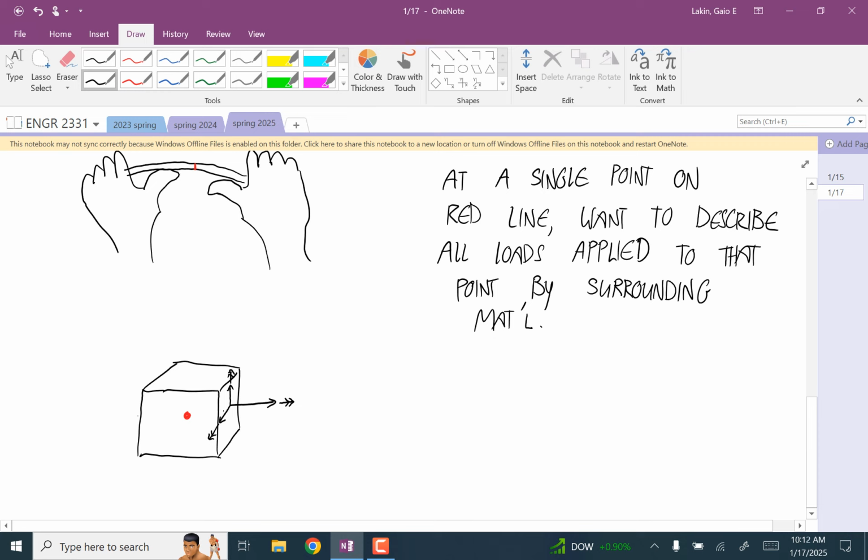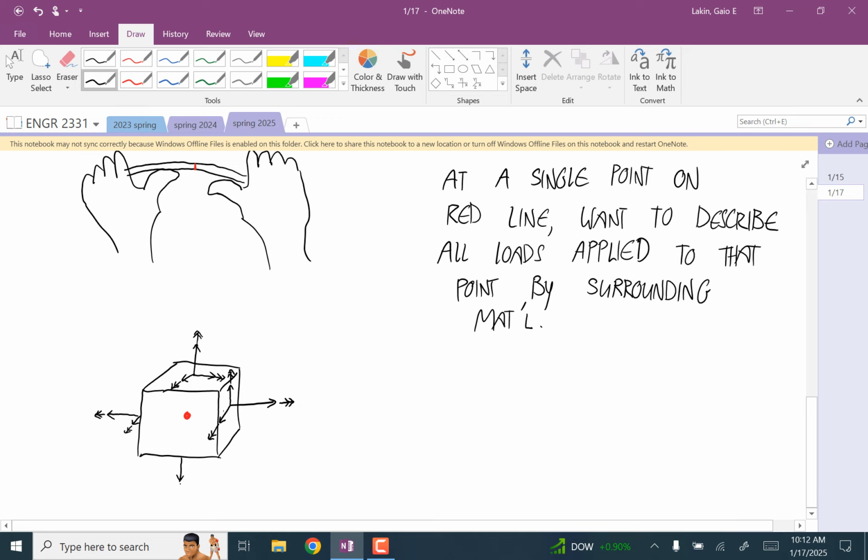Same thing over here. I'll just draw the ones that are peeking out. Same thing here. Everyone remember that couple notation?